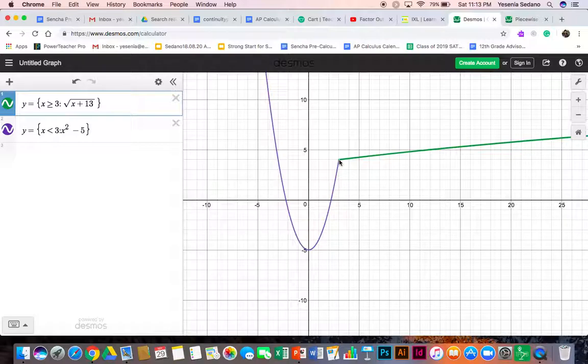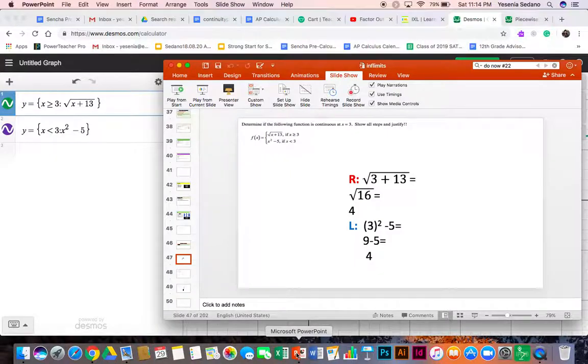So to determine if a piecewise function is continuous at a certain location, in this case around x equals 3, you want to find out if the limit on the left side and the limit on the right side are equal. That's going to be our technique, basically using the graph that I just showed you.